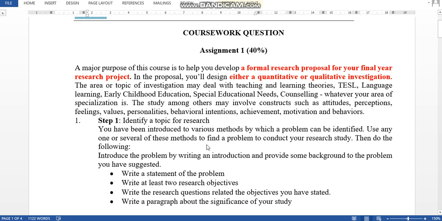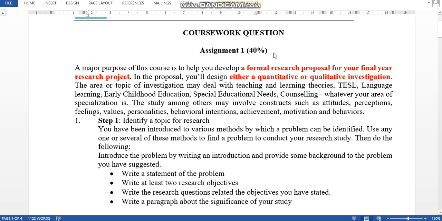Okay, let's move on. I have told you a few times how to write a proposal. A research proposal is a portion of a real research study, meaning that it contains 3 of the 5 chapters: chapter 1, chapter 2 and chapter 3.